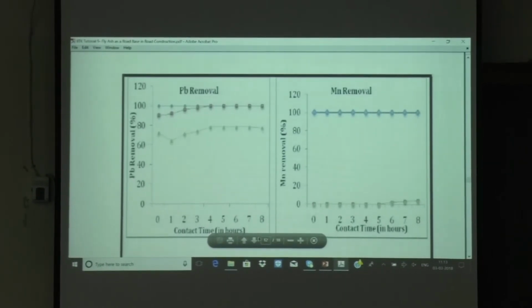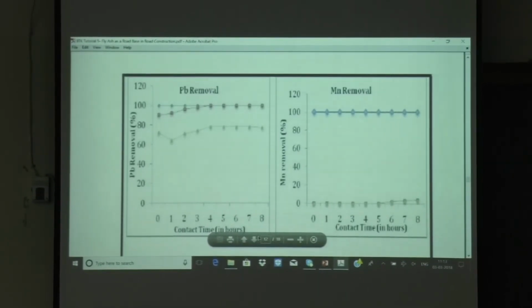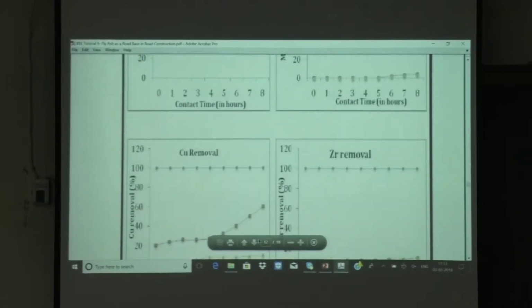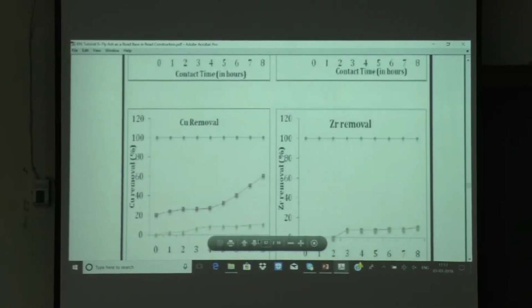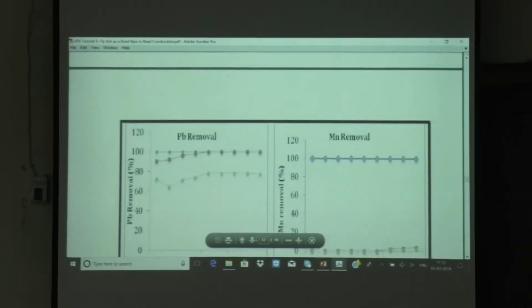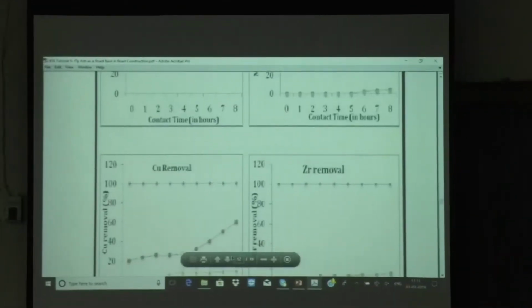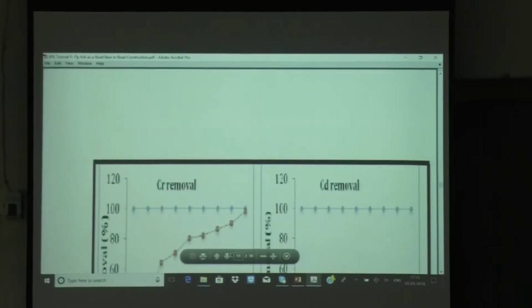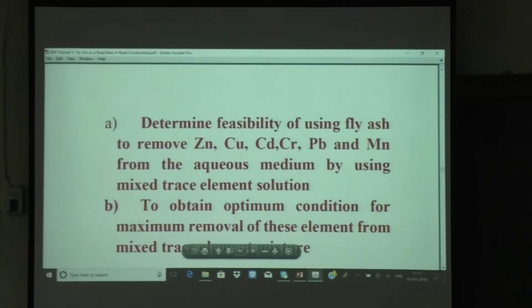Here the contact time is about 8 hours, but in some cases, like he said, you can go for 72 hours or so, depending on what kind of testing you use. So lead removal, manganese removal. Now, copper removal, zinc removal, these things are showing.